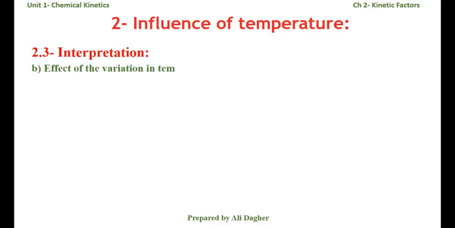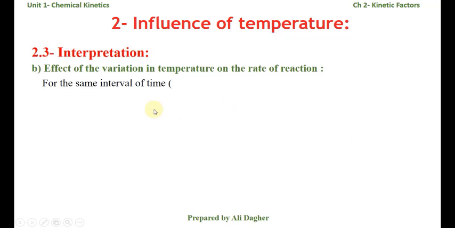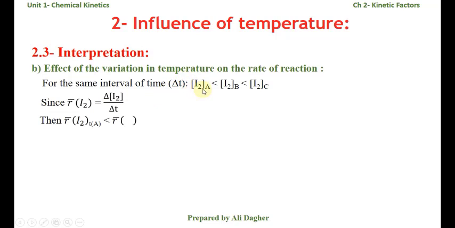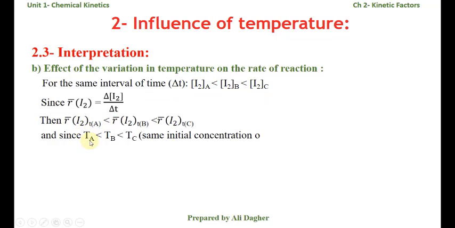Effect of the variation in temperature on the rate of the reaction. For the same interval of time, delta t, we found that the concentration of I2 in tube A is less than that in tube B, less than that in tube C. And since the rate equals variation of concentration over variation of time, same interval of time, then the rate of formation of I2 in tube A is less than that in tube B, less than that in tube C. And since temperature in tube A is less than that in B, less than that in C, and we have the same initial concentration of reactants, the initial concentration of reactants is not the factor here.